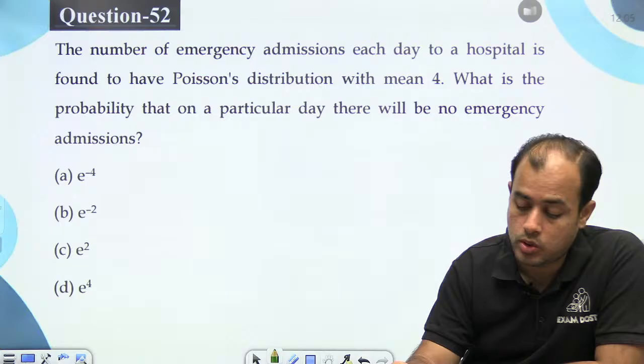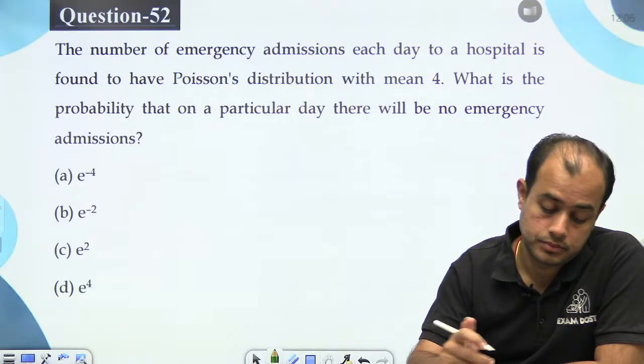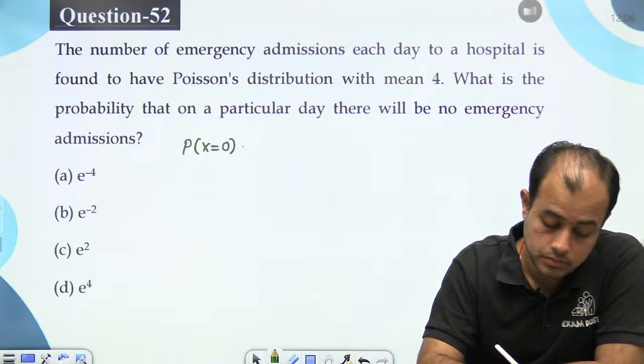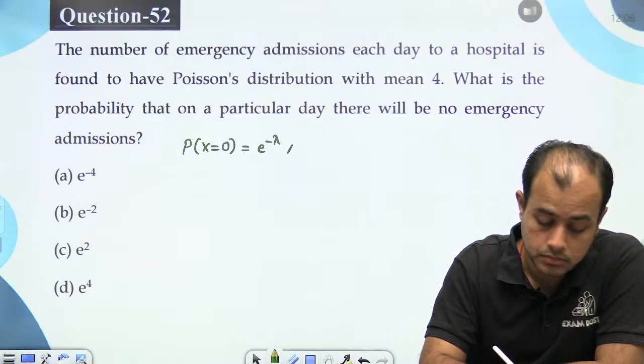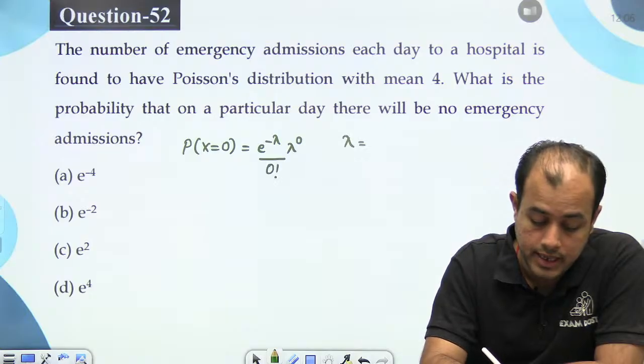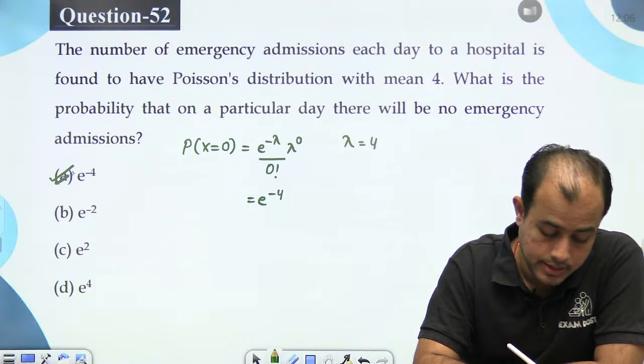Probability that x equal to 0. Average value is lambda. The answer is A.